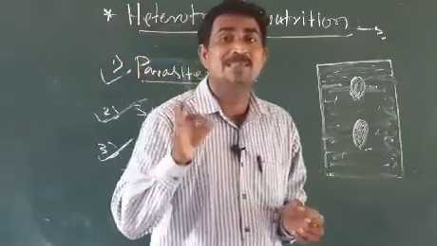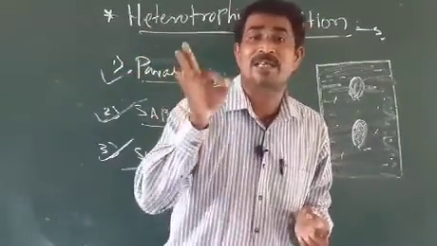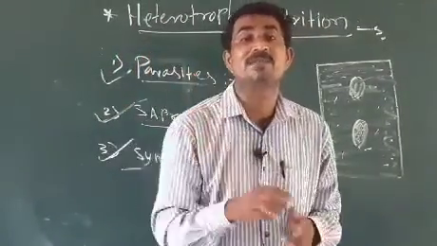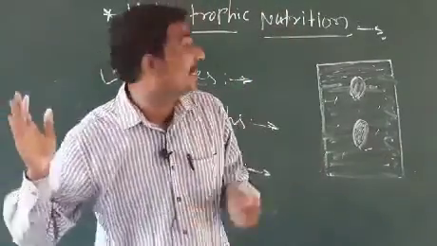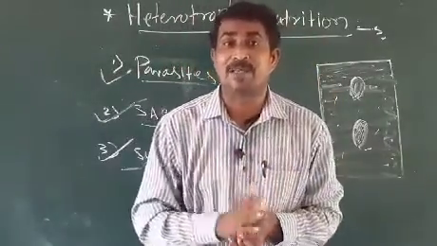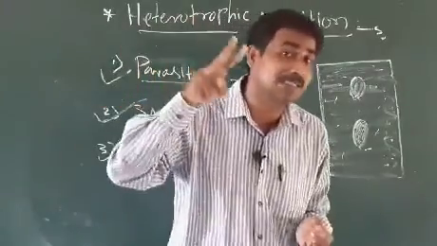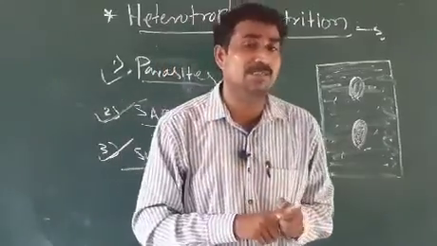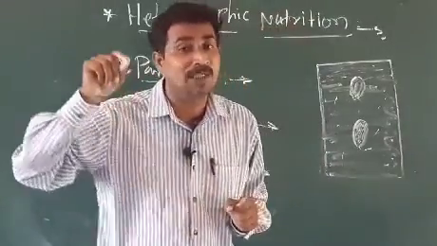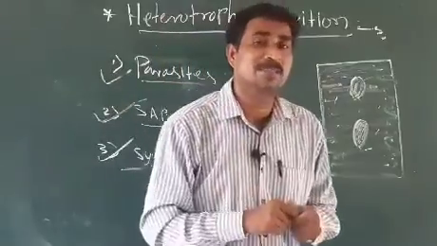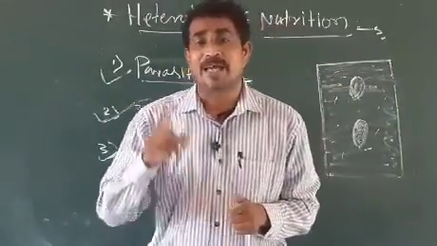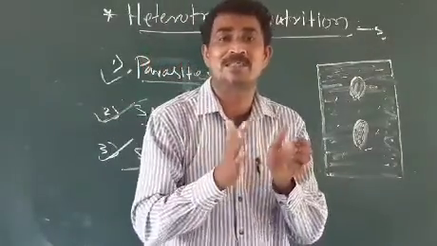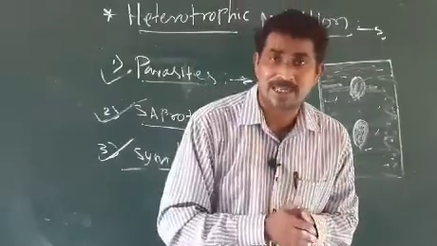Organisms which eat only plants we call herbivorous organisms. They also come under heterotrophic nutrition. Examples are cow, goat, sheep, and deer. These organisms are considered in the herbivorous category.